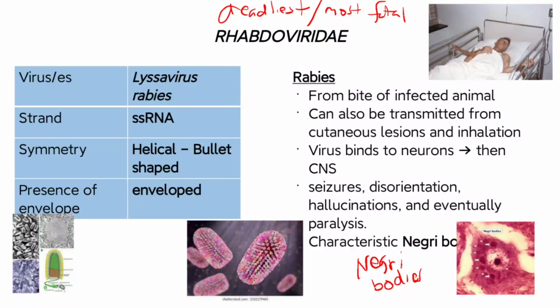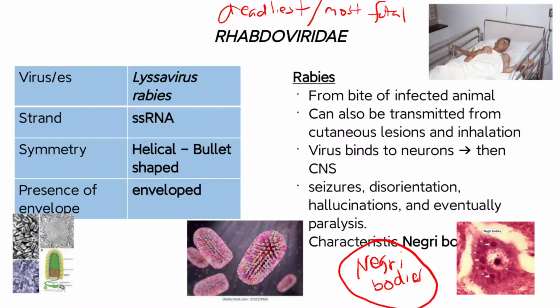And kapag hindi mahanap yung animal na yun, bubuksan yung utak ng patient para makita ang Negri bodies. So dati yun. Ngayon meron na tayong other molecular testing for Rhabdoviridae. So pero take note of this pa rin.